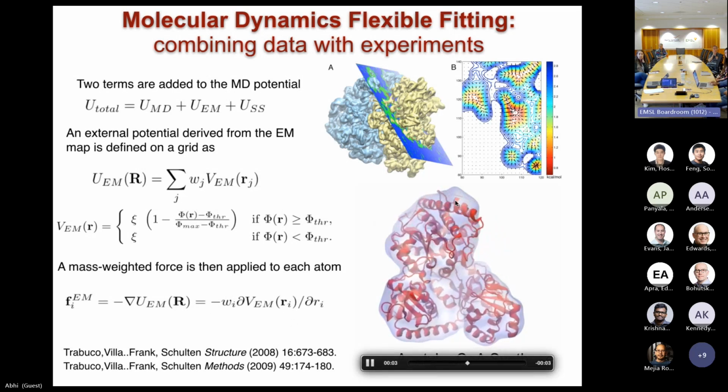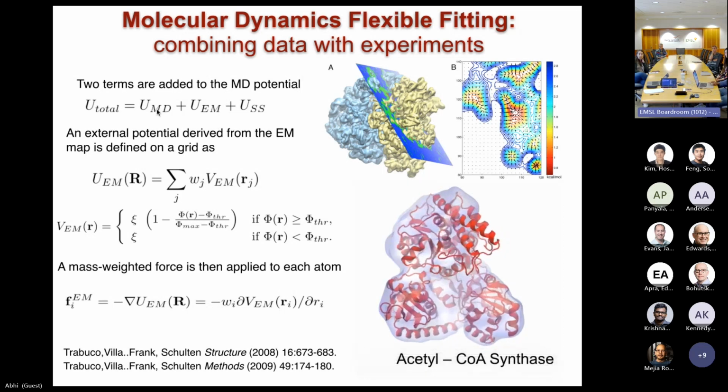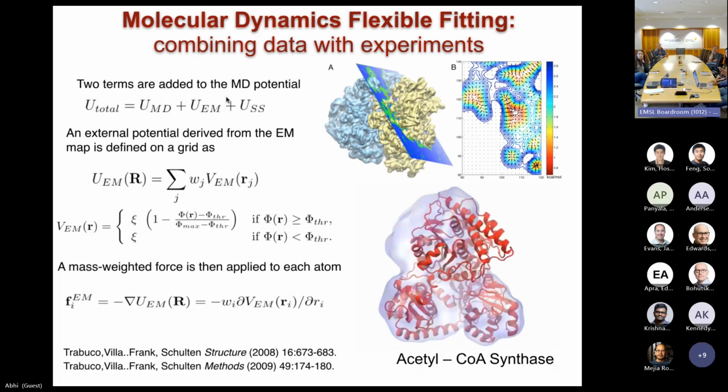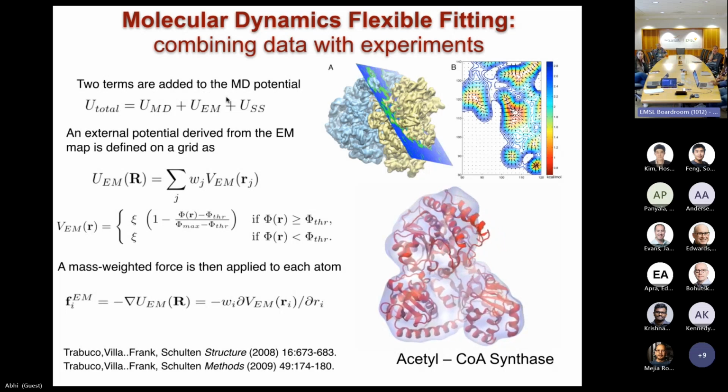So in other words, an atom is not just feeling a force from chemistry, from the force fields that we introduced in the previous slide. It also receives forces that are essentially the gradients of the information. So therefore, the structure gets pulled into it. That accelerates this by orders of magnitude.